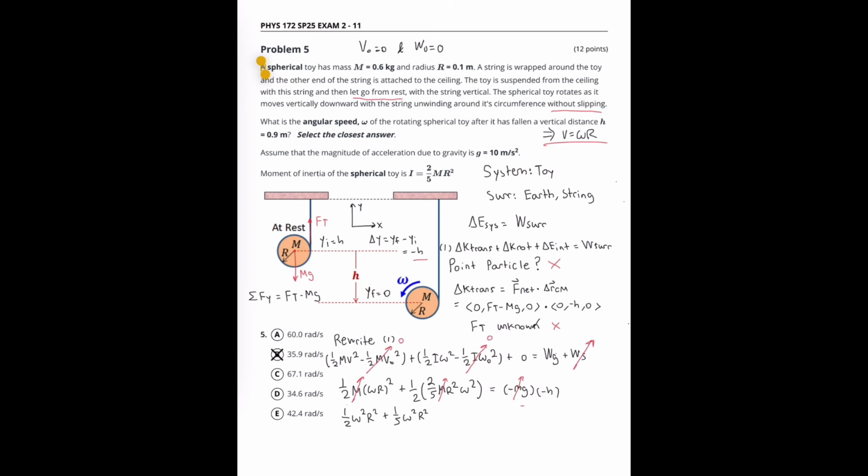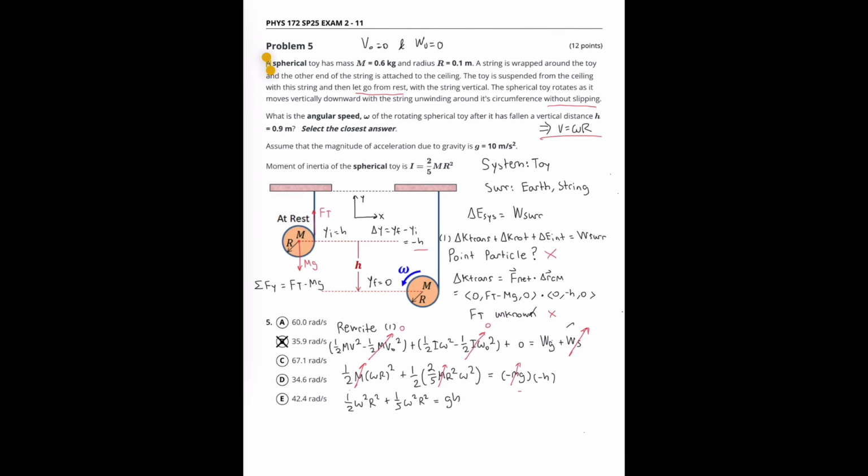So we have common terms on the left side is equal to gravity times h, because the negatives cancel out. After doing some algebra, we can determine that our final angular speed is equal to the square root of 10 gh over 7r squared.